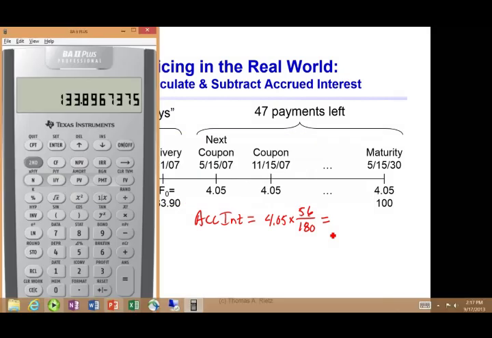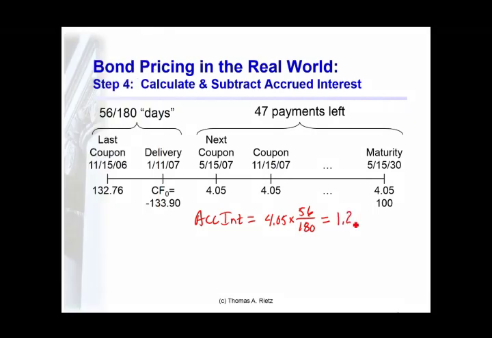Well, let's do that. 56 divided by 180, times 4.05. I'm going to store that. So $1.26 of the cash flow that changes hands is accounted for as accrued interest.